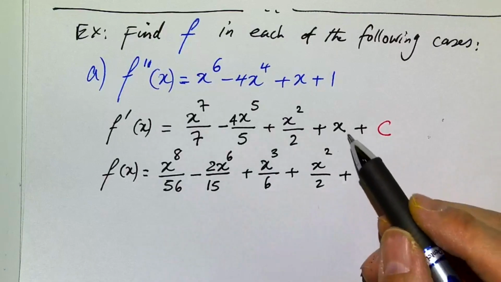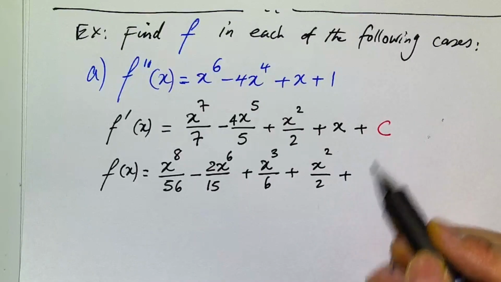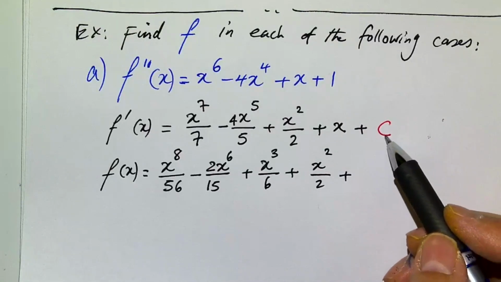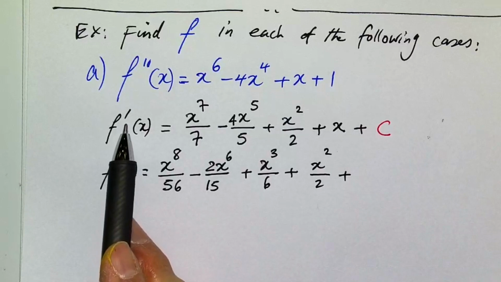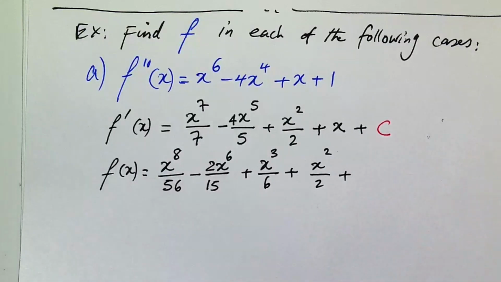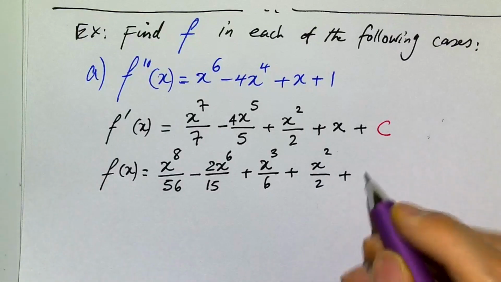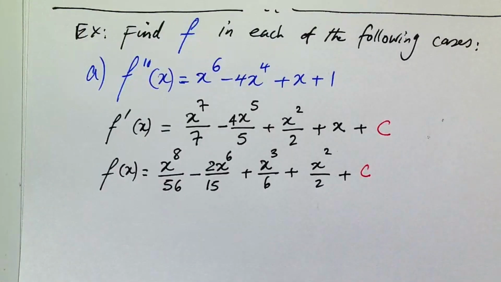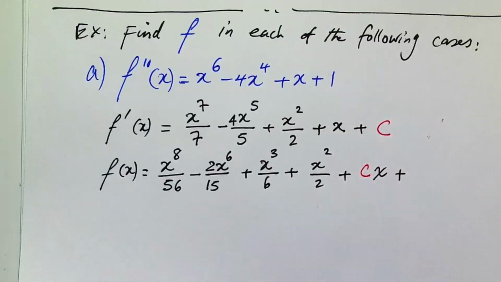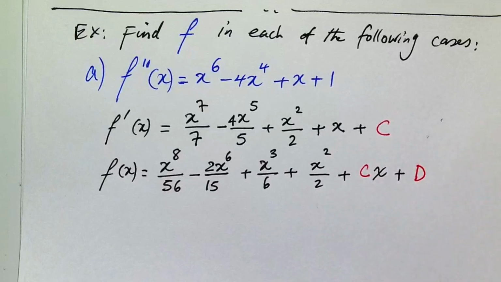So far it's good and nice, but what about c? What would we do with c? Well, if there was a c in the f prime, then we should have a cx, that constant multiplied by x plus another constant that may have been there.